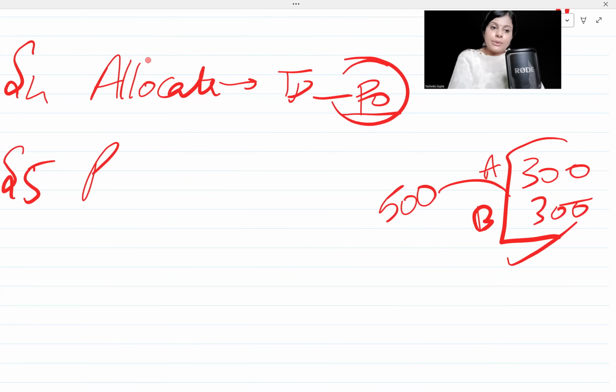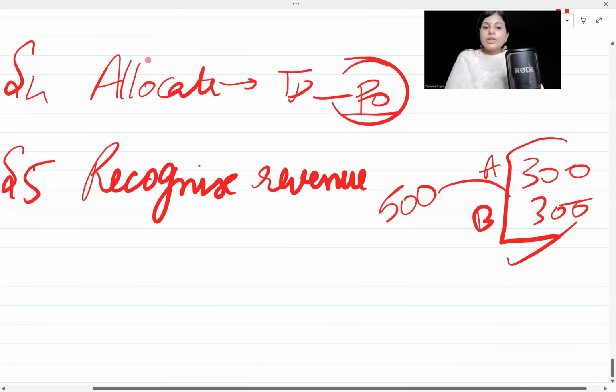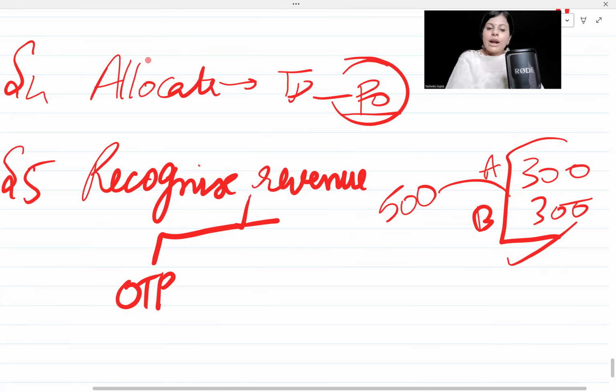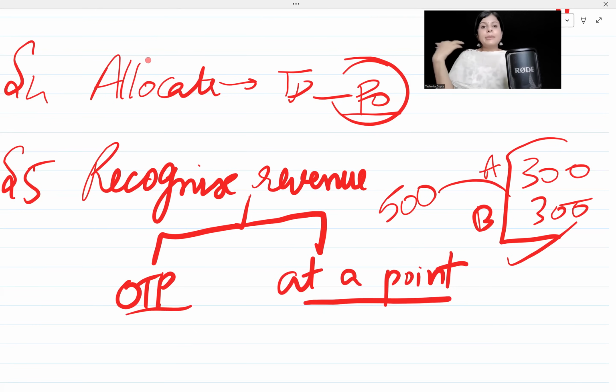Okay. Step number 5, recognition of revenue. How do you recognize the revenue? You can recognize the revenue over the period of time or at a point in time. Now, guys, whenever it is not over the period of time, it is at a point in time.